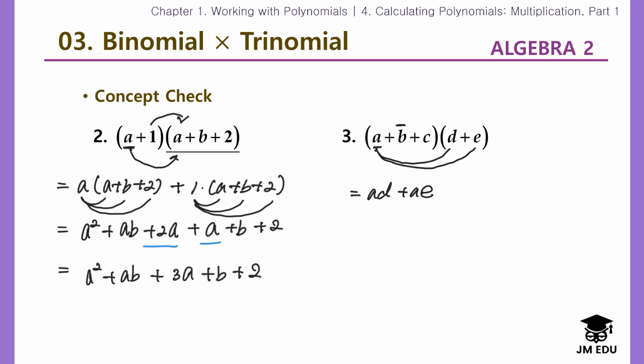Starting from B times D, B times E, that's BD, BE. Plus, now starting from C times D, C times E, so plus CD plus CE.